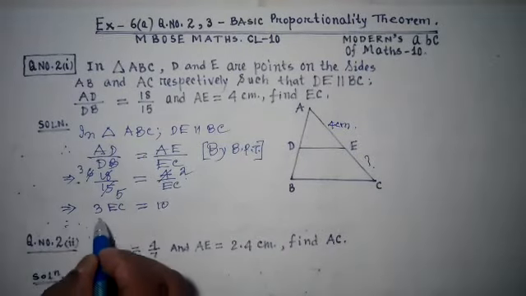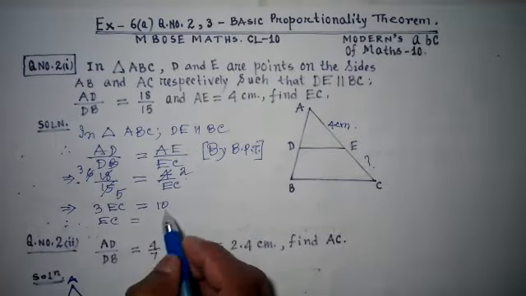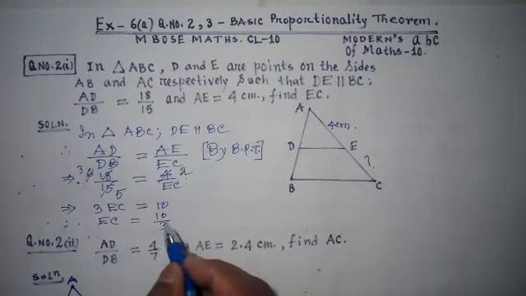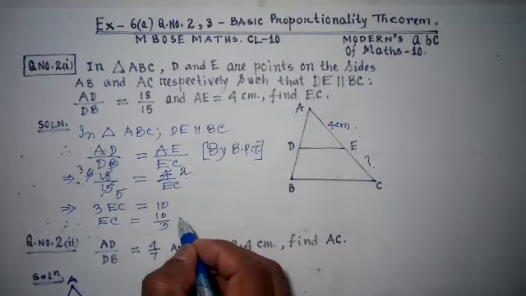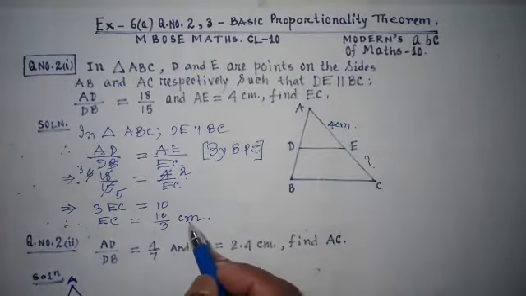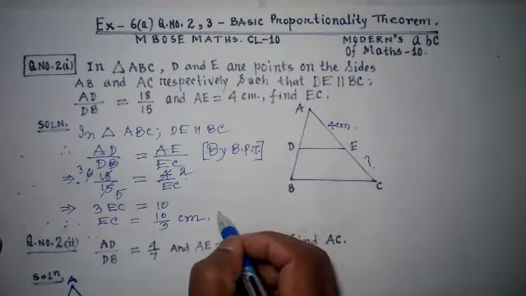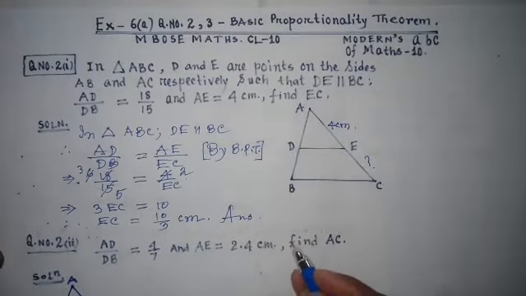So 3 EC equal 10, so EC equal 10 divided by 3. The question is given in centimeter, so we write 10 by 3 centimeter. We can convert this in decimal also, or we can keep it like this. So that is the answer. EC is equal to 10 by 3 centimeter.